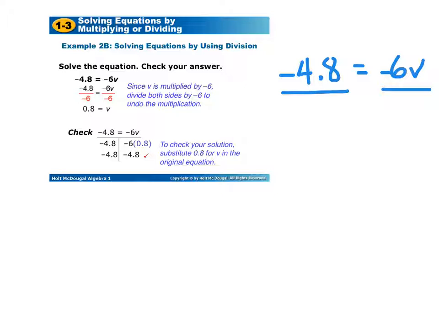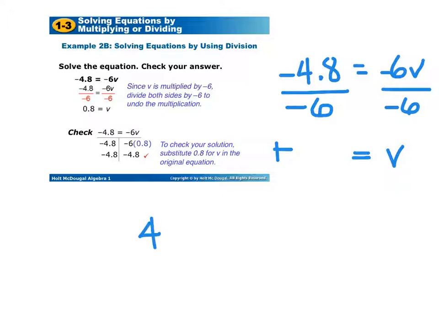Don't forget your negative sign. -6 here, -6 here. Now, I'm dividing a negative by a negative. What is that going to give me? What kind of sign? A positive. So I already know I'm looking for a positive answer.